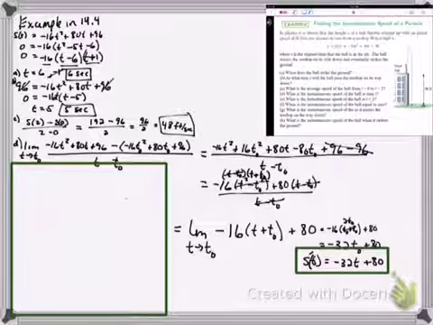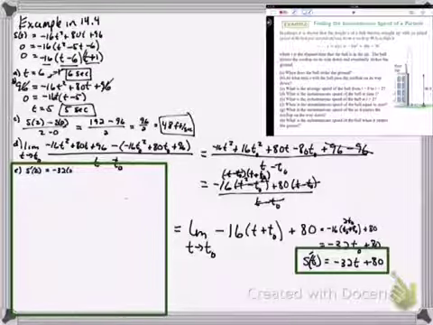And so D, we're on E now. And E is asking for basically s prime of 2. So I'm just going to plug in 2 for t. And then when I work it down, that gives me 16 feet per second.